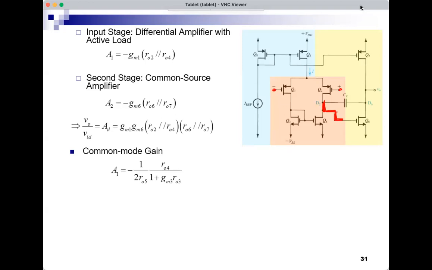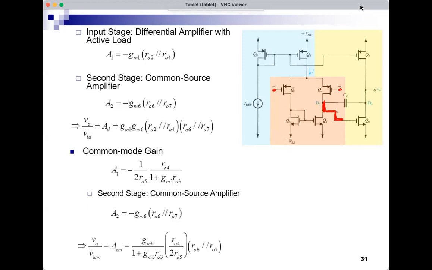Whatever signal appears at the gate of Q6 will be amplified by Q6. So whether it's coming from equal inputs or different inputs, it will be amplified the same way. So the gain of the common source amplifier, when the two inputs of the op amp are equal, will be the same, minus GM6 (RO6 parallel RO7), and ACM would be the product of these two quantities.